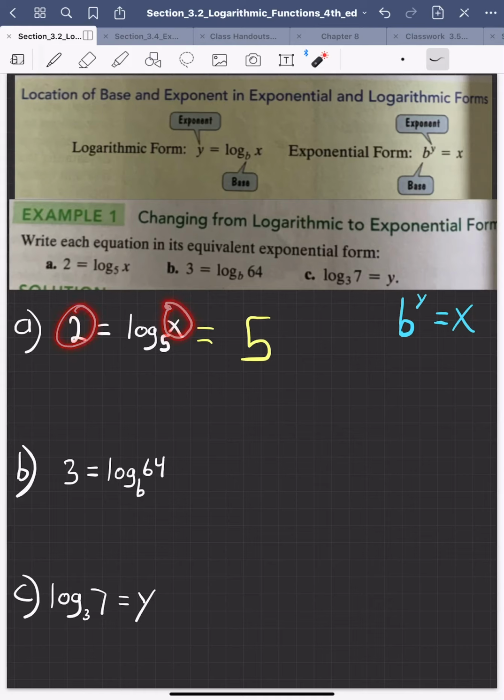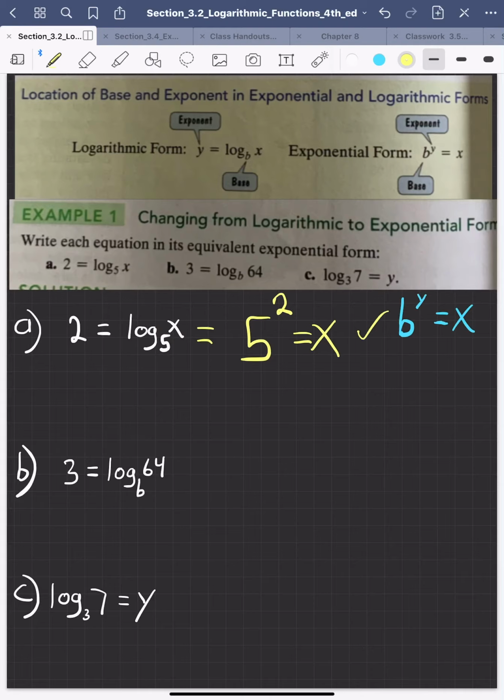But which one is the exponent? As I mentioned, logs are a way of finding exponents. So this is the exponent. That means 5 to the power of 2 equals what? Well, it's going to equal whatever is inside the log. So it equals x. Done.